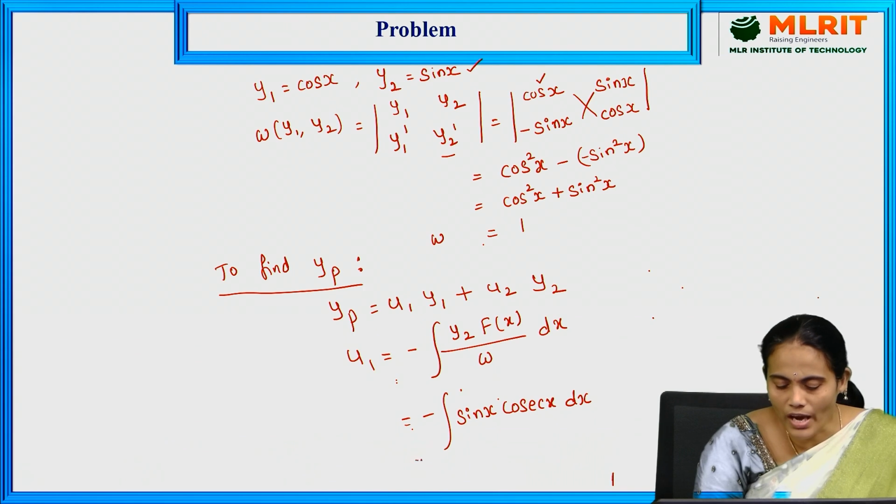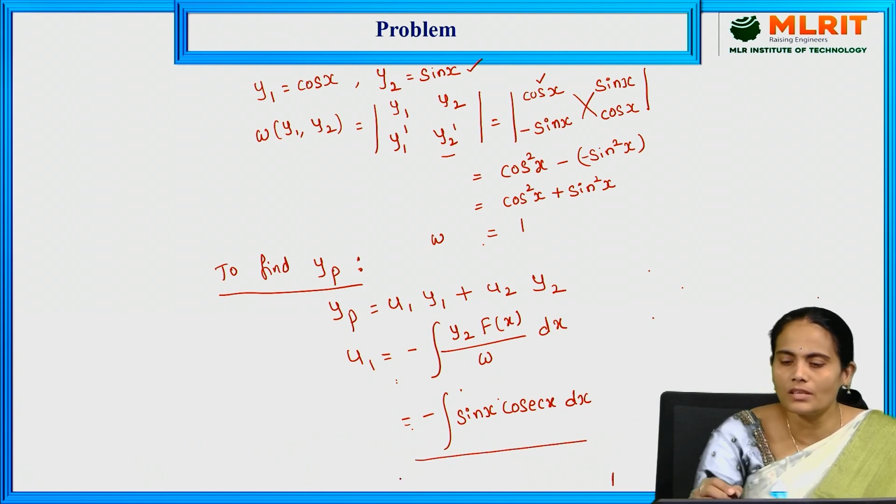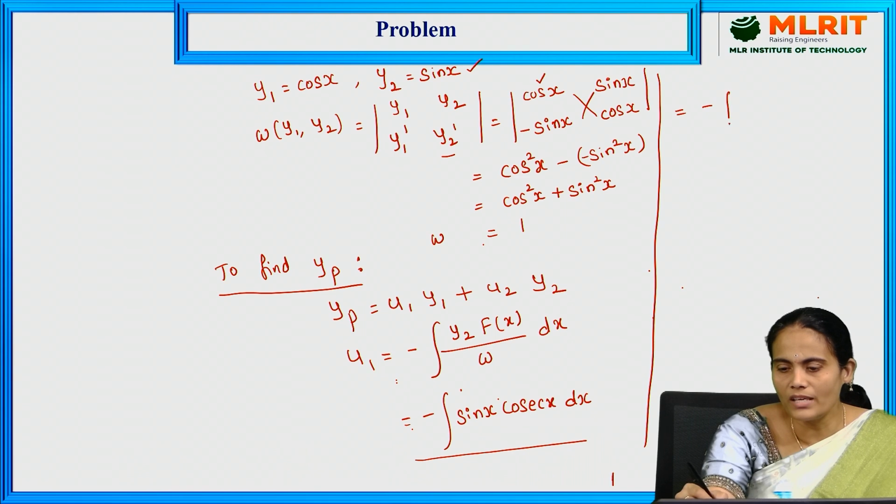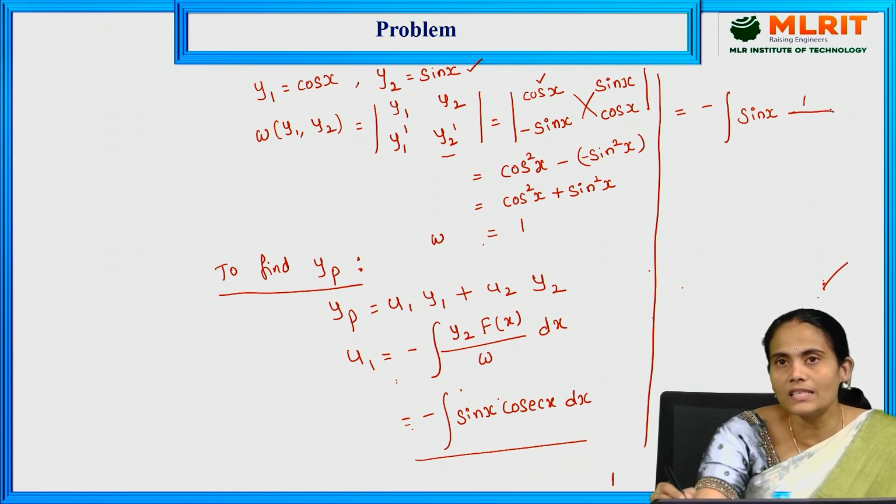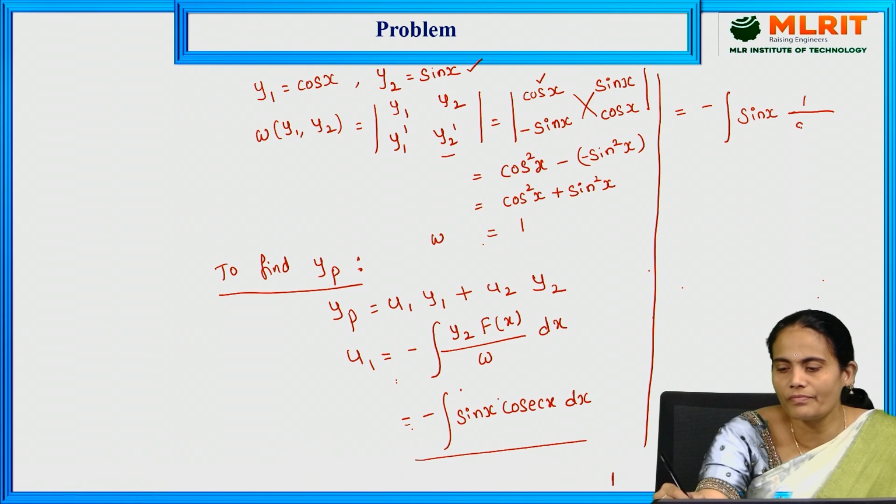Now you have to integrate this function. So this is equal to minus integral sin x into cosecant x, and cosecant x is 1 by sin x, into dx.